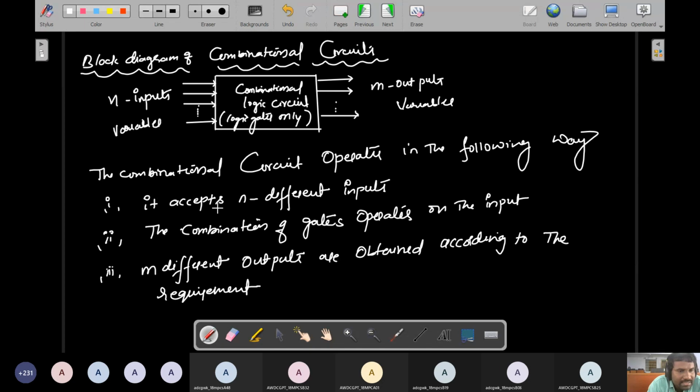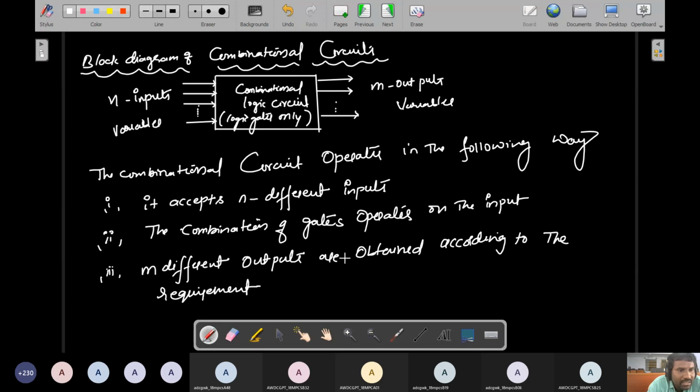It first accepts the n different inputs. So there are n different input variables. First of all, this combinational logic circuit is accepting the n different input variables. After that, the combination of gates operates on the input. Whatever input is taken, inside this combinational logic circuit there are logic gates, and these logic gates operate on the inputs.